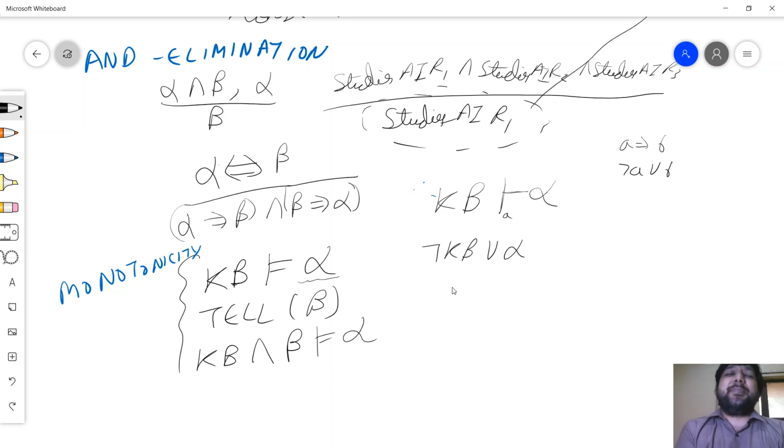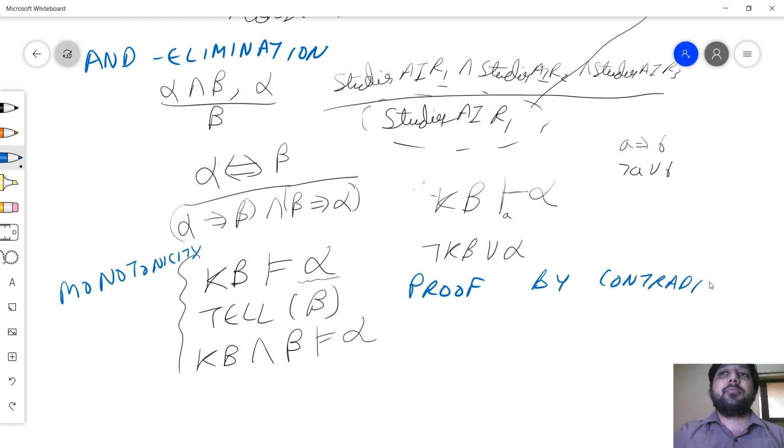This is what you have been used to since your schooling, a term called proof by contradiction. You start, instead of proving alpha, by proving not alpha, and if you get something absurd, you say, hey, not alpha can never hold. That means alpha always holds. You get something absurd, and that's exactly what I'm going to do.